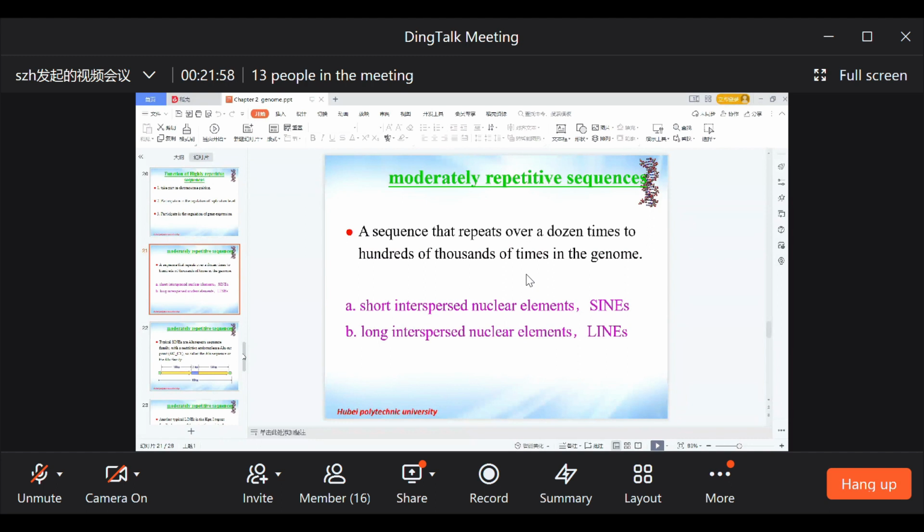The sequence is repeated over a dozen times to hundreds of thousands of times in the genome. Here I listed short interspersed nuclear elements, and another one is long interspersed nuclear elements.